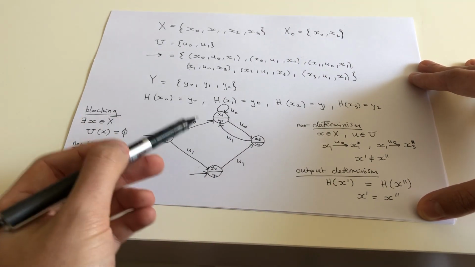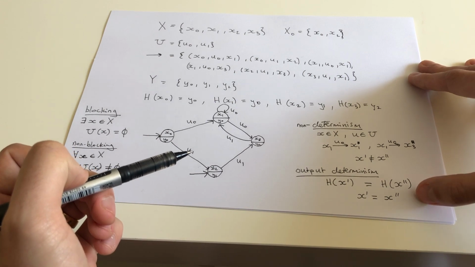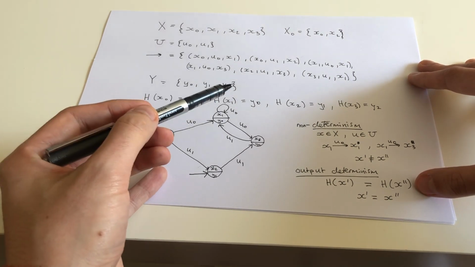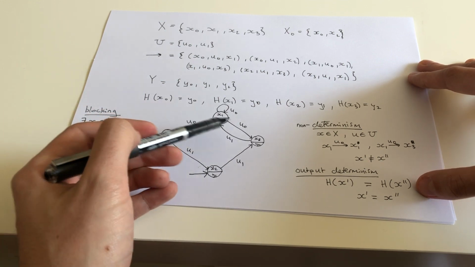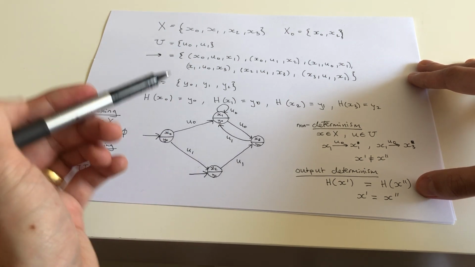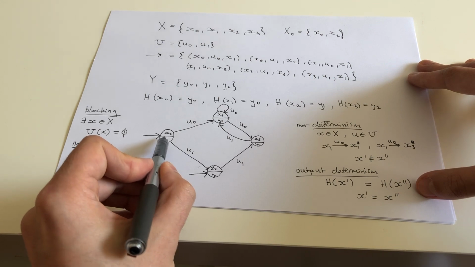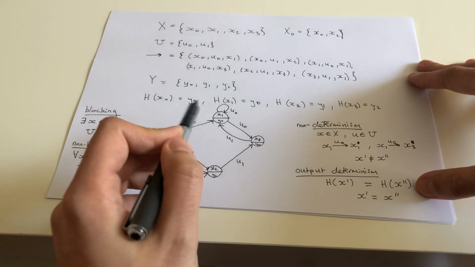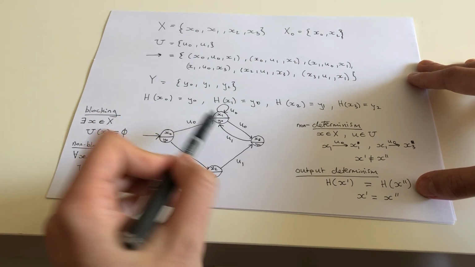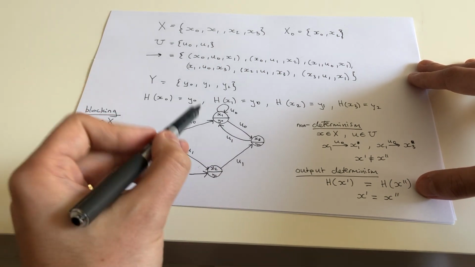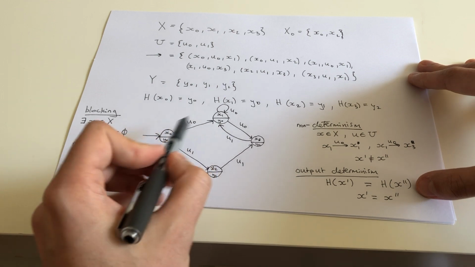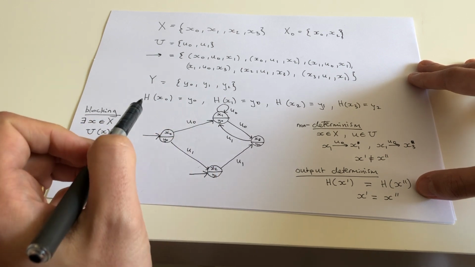However, this system is output deterministic. There are no states here that, as successor states, have equal outputs. So you might be thinking, but what about here? We've got x0 with the output y0 and x1 with the output y0. They're the same, so how does that work? Well, there is no state which can transition to both x0 and x1.